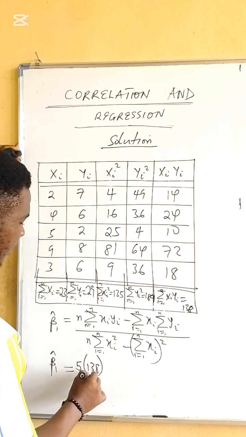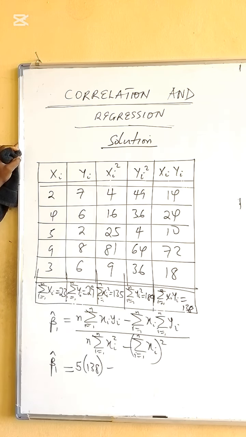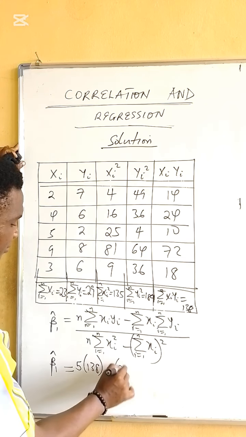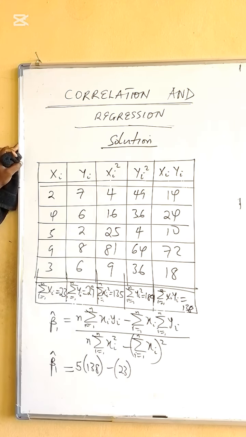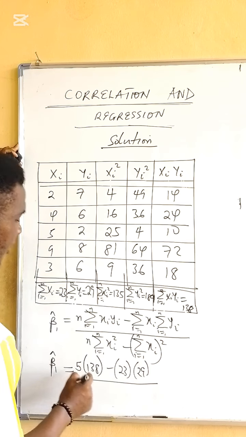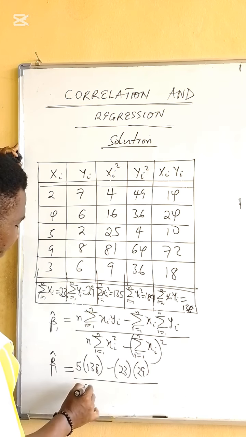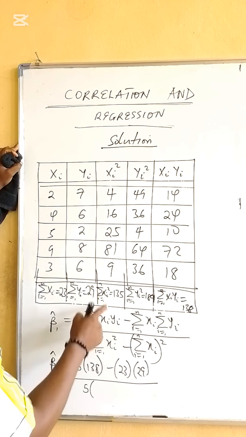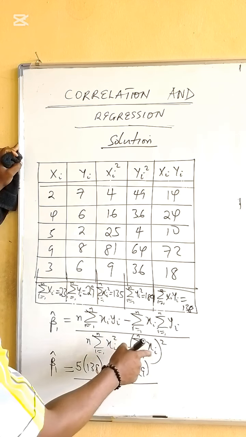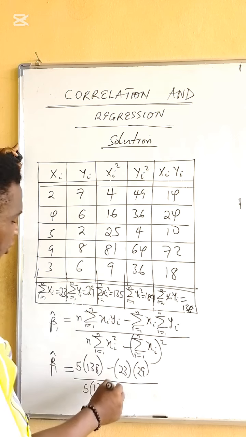So this will be 5 times 138, minus summation xi, which we added and got to be 23, times summation yi, which we added and got to be 29, all over n times summation xi squared, 135, minus summation xi all squared, which is 23 all squared.